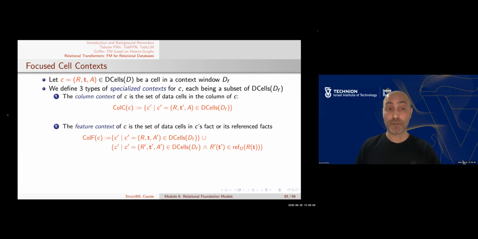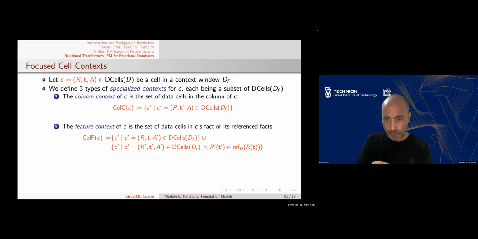Similarly, we have the feature context. The feature context is basically the other data cells in the tuple of C. So this is the same R, same T, but possibly a different A prime, plus the data cells of the rows, the facts that are referenced by T, by the tuple of the cell.